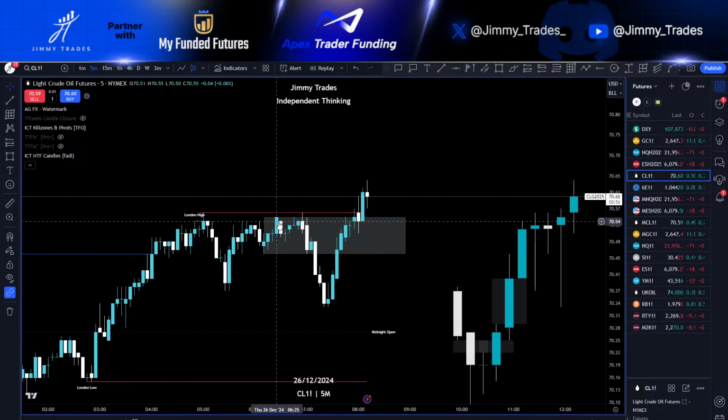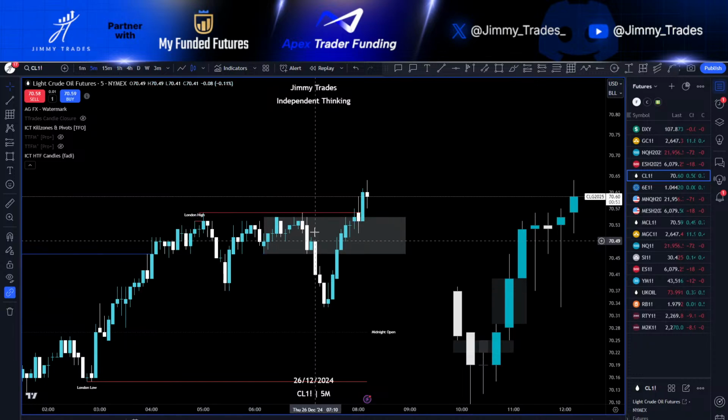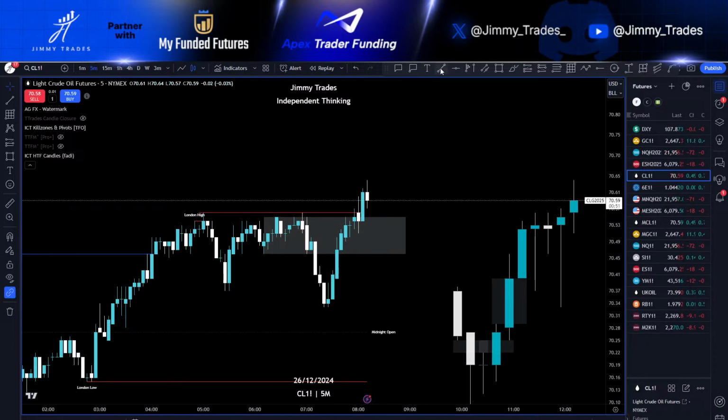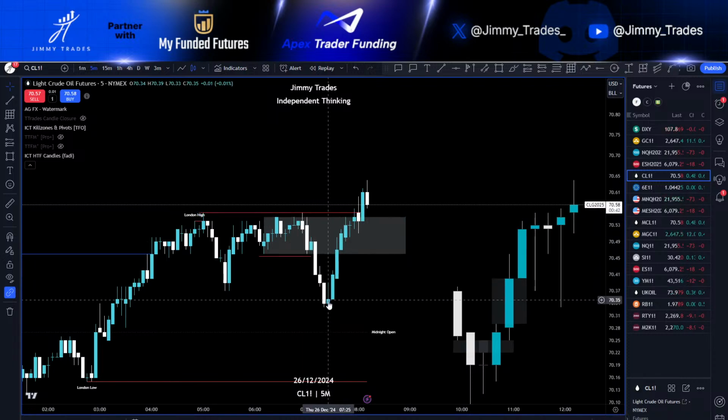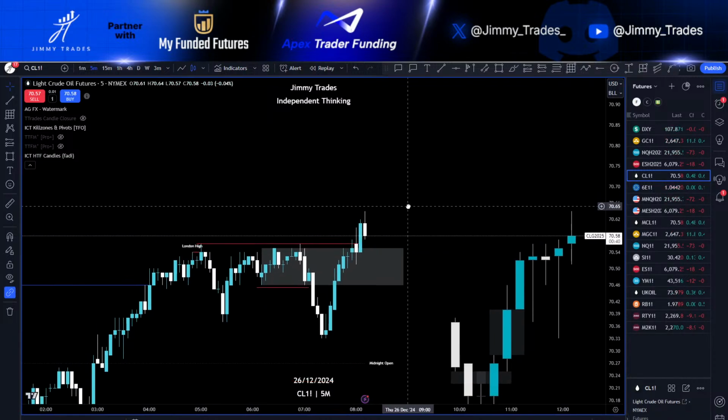This is your highest up close candle before the leg that took liquidity. Low, high, lower low, higher high.